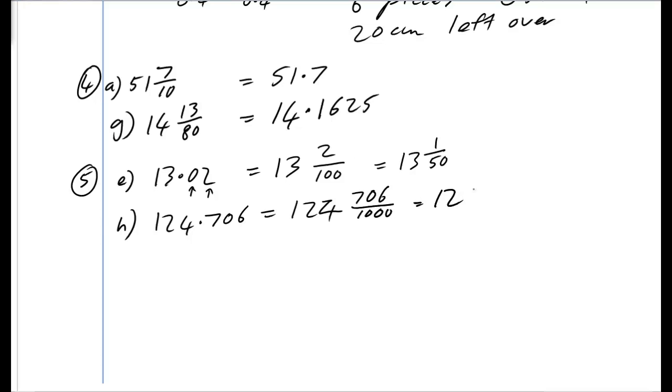And let's simplify, that'll be 124. I like to divide 2 into things all the time, so that'll be 353 over 500. What will go into those numbers, I'm not sure. If there's any other numbers, I think that's basically as low as you can get it. So there you go. I want you to have a go at number 5, please.